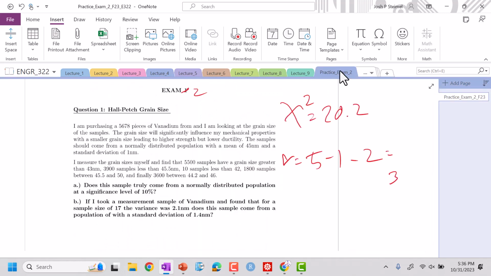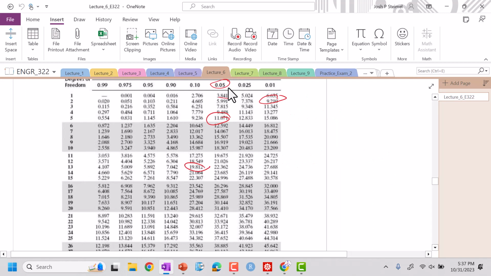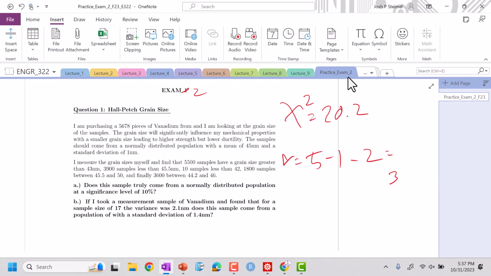So let's look up, actually, what is this problem? We're not told, so we're going to assume 95%, so 0.05. So 0.05, and we said 5 minus 1 minus 2, so that's going to be 2. So 5.991, if I am indeed correct. Yes, that is true. It's a chi-squared test, so 5.991.